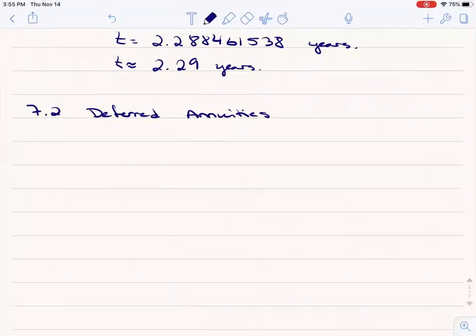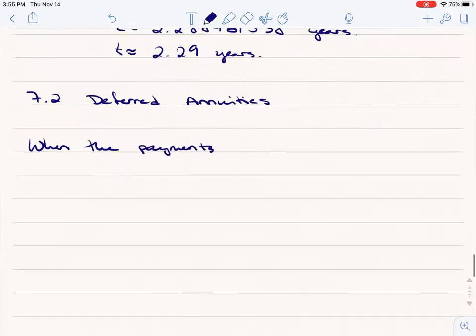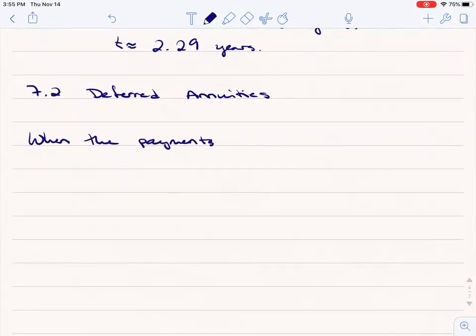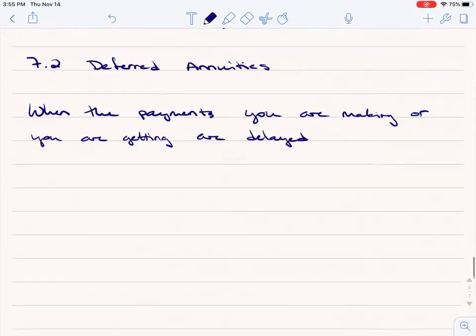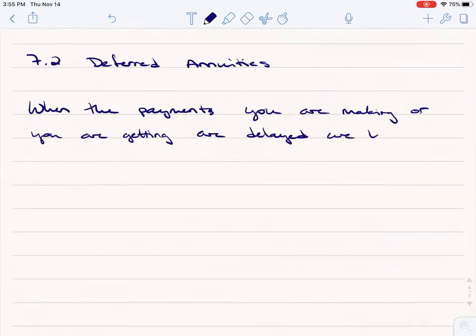When the payments you are making or you are getting are delayed, we have a deferred annuity.